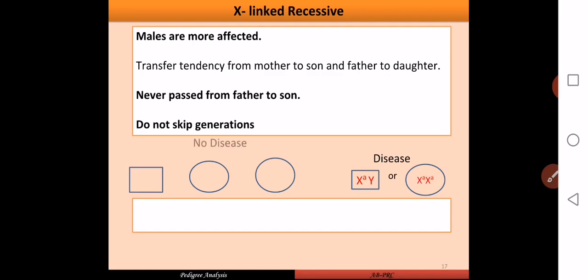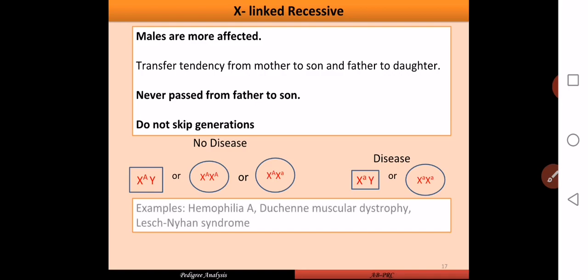The no-disease condition is when at least one capital A is present in that individual, right? We have examples like hemophilia. Classic hemophilia A belongs to this X-linked recessive trait. Muscular dystrophy and Lesch-Nyhan syndrome are also examples of X-linked recessive traits. You might have heard of the story of hemophilia A, right?